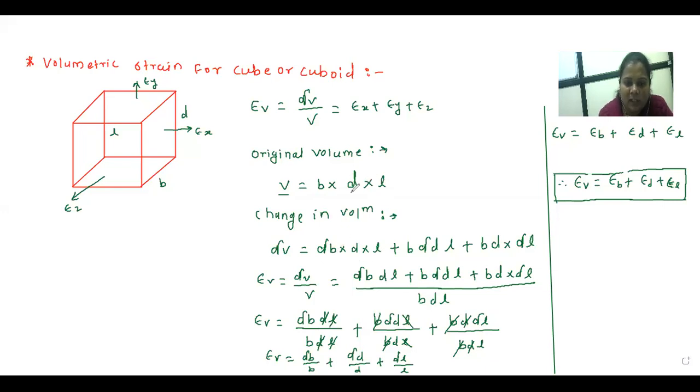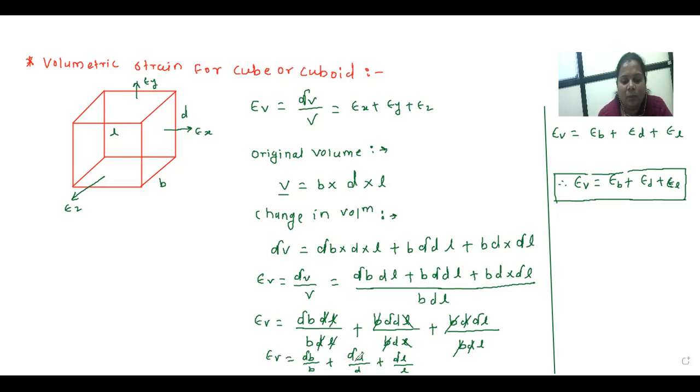Next we take the derivative of D, so B and L as it is: B into del D into L, plus, now the derivative of L: B and D as it is and del L. So here we have put values in this equation, so epsilon V is equal to del V upon V. After that, we separated the denominator, and after cancelling, what is remaining?